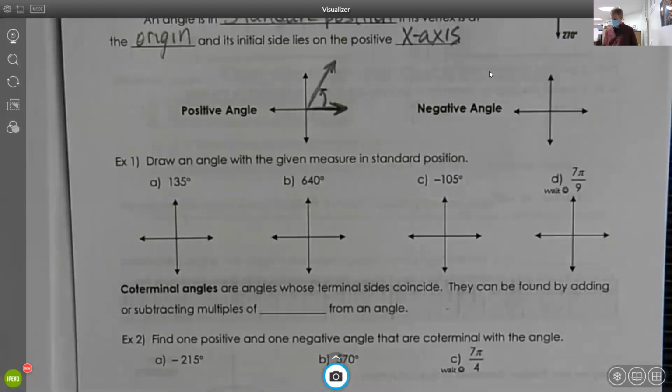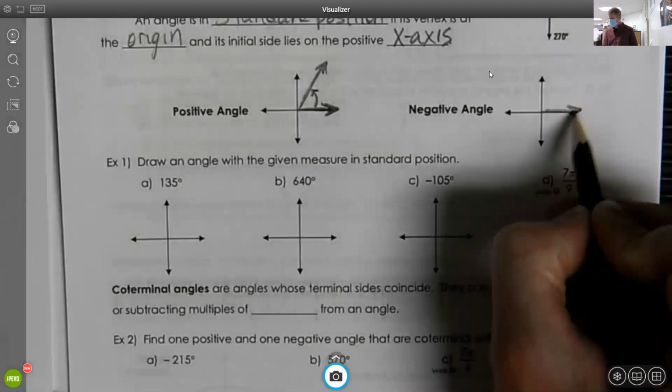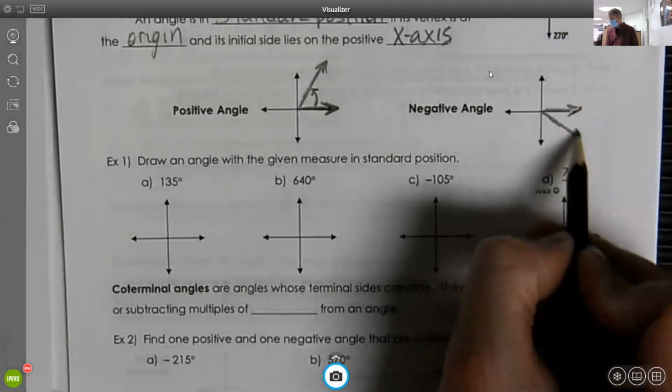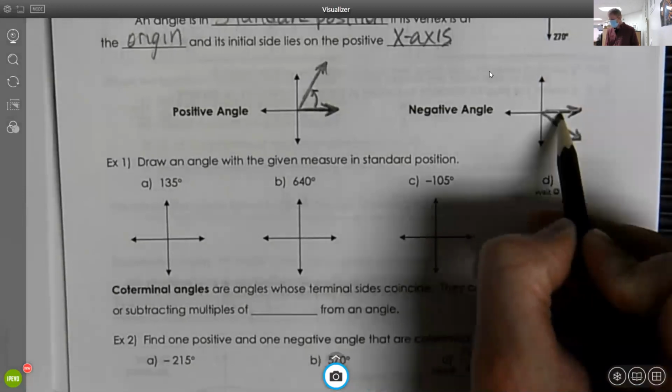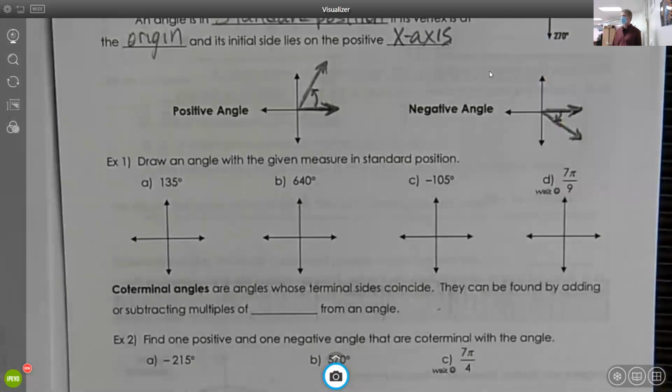A negative angle would still have the initial side along the x-axis, but a negative angle is going to head downwards. That might be drawn at like a negative 45 degrees, halfway between 0 and negative 90, which would be straight down.